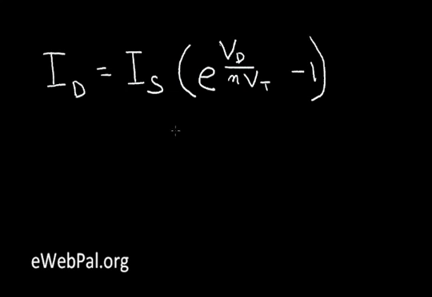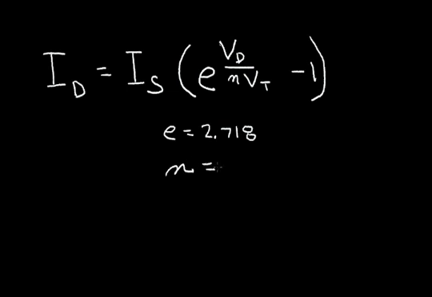Now recall that E is the base of the natural logarithm, so E is equal to about 2.718. Now the N term is between 1 and 2.